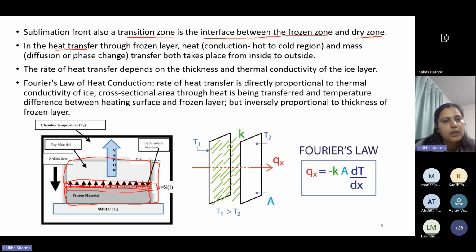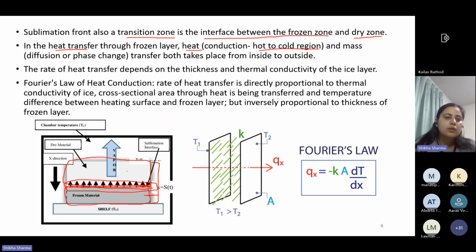Then the second is saying something about heat transfer through the frozen layer. This is our frozen layer. So when heat transfer happens, what happens? Heat is transferred from the metal to the frozen material by conduction, from the hotter zone to the cold region, and mass is transferring.